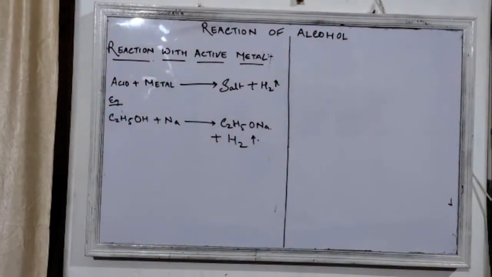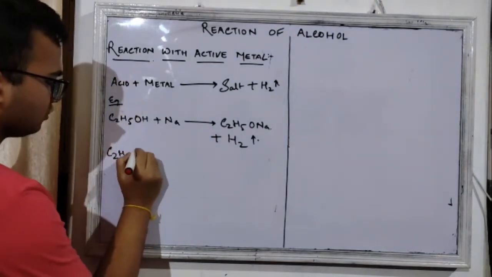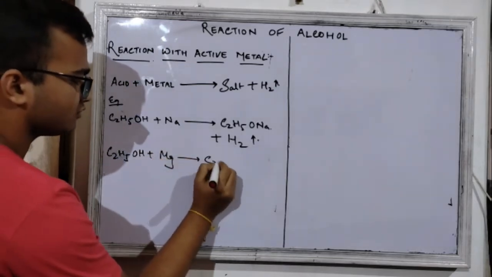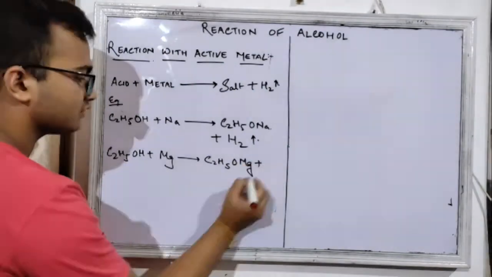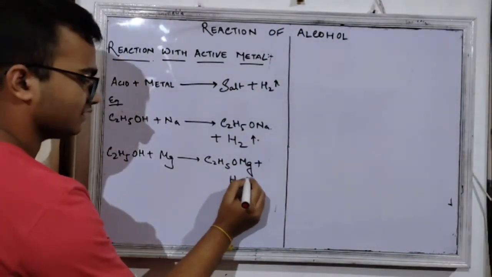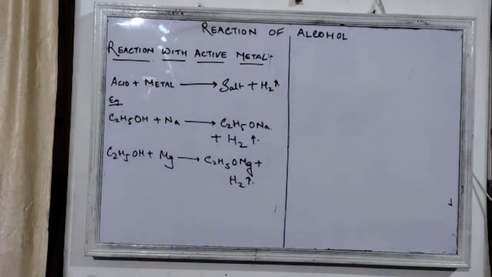Okay, now if you want to take any other metal, let us take magnesium: C2H5OH plus Mg, it will give C2H5OMg plus H2 as gas. Clear? So this was about the reaction of acid with active metal.